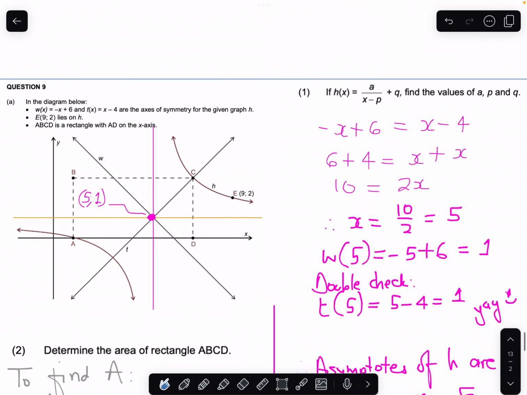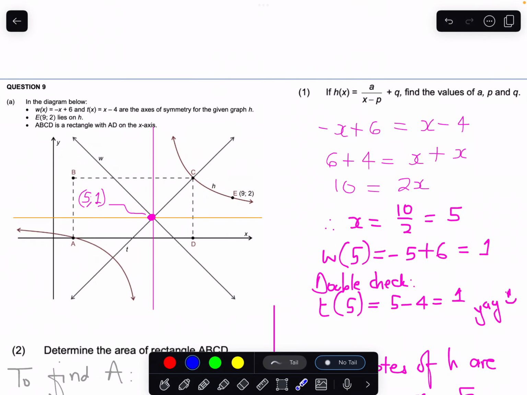Right, and then to find the coordinates of C, we are looking for the intersection between this guy and this line, T. And there are going to be 2 of them, so we are specifically looking for the one that comes later on the x-axis.